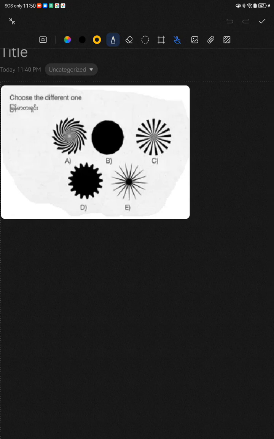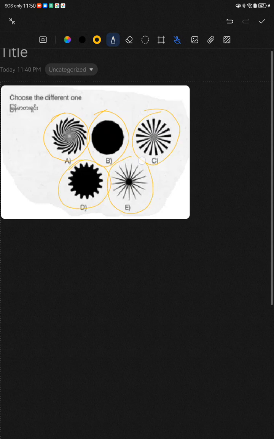Okay, so this is a game of spot the difference. Given these 5 shapes, you must find the different one. Pause the video and try to get the correct one.